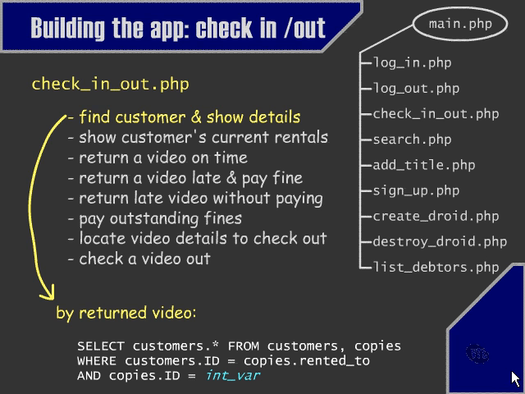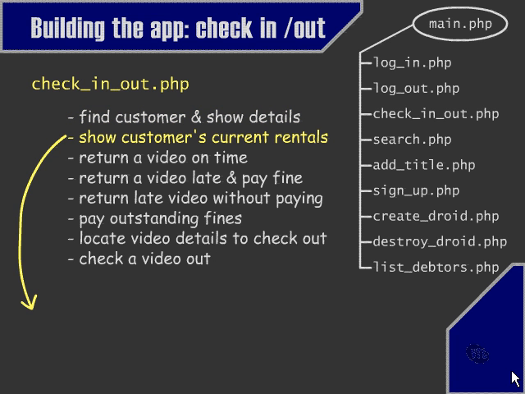How this is accomplished is by drawing the information from the customers and the copies tables, and we use as the joining criteria the rented to column on the copies table compared with the ID column on the customers table. We use the copies ID as the variable for searching, because we're searching by the returned video.